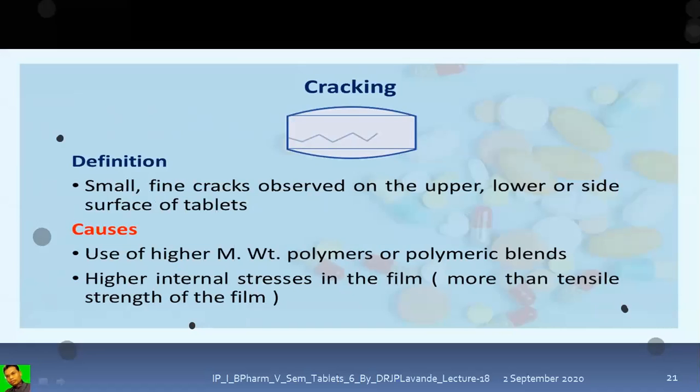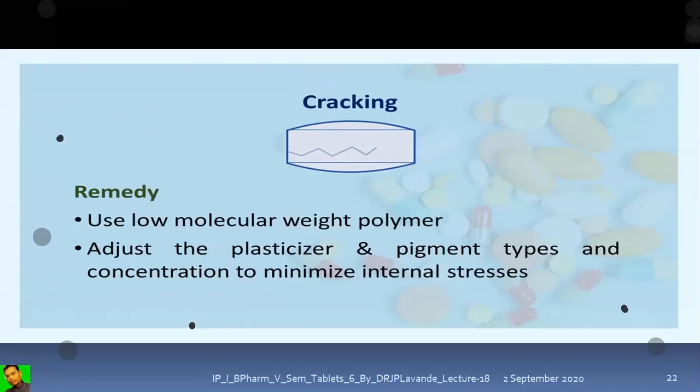We can go for polymers with lower molecular weight, or instead of using the blend, we can go for a single polymer as a remedy. Higher internal stresses in the film are also a cause for cracking, that is, stress more than the tensile strength of the film.